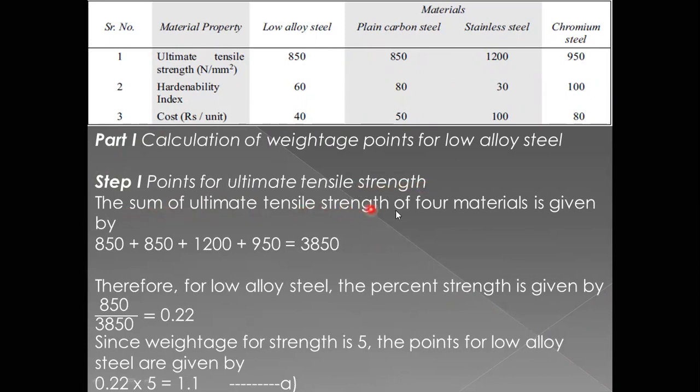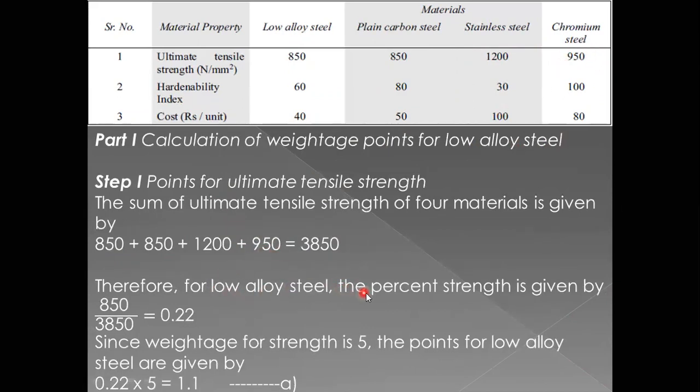The sum of ultimate tensile strength of four materials is given by 850 plus 850 plus 1200 plus 950, which is equal to 3850, where 850 is ultimate tensile strength of low alloy steel, 850 is again ultimate tensile strength of plain carbon steel, then 1200 is ultimate tensile strength of stainless steel, and 950 is ultimate tensile strength of chromium steel.